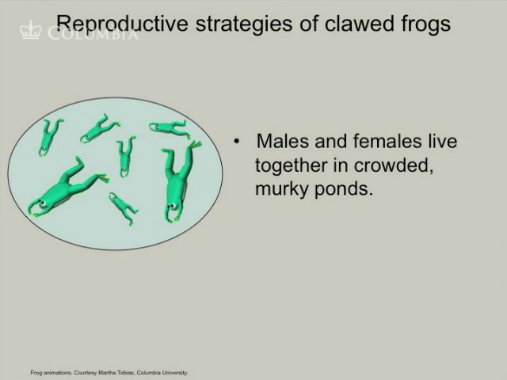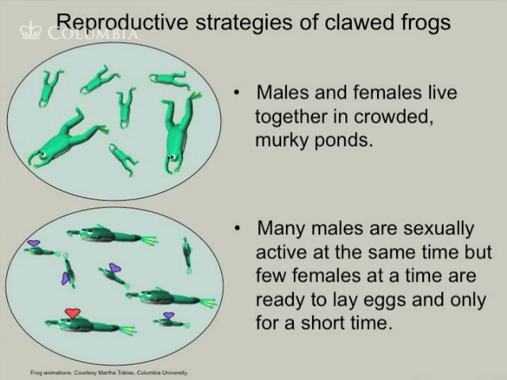And the way we think that it happens in the ponds is that they live together in these crowded, murky ponds in South Africa, and only one female becomes sexually receptive at any time. So the males are always ready to go, but there are very few females that are ready to lay their eggs. So here's a female that's sexually receptive. Here are all these males ready to go, but only one target for them.